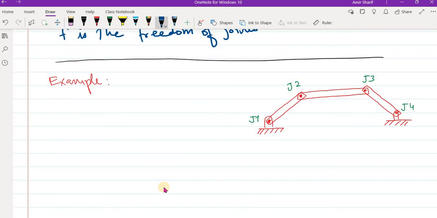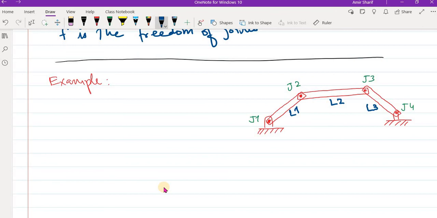It has link 1, link 2, and link 3. And then we have one link here, this one, because this is fixed on the ground and this is also fixed on the ground.